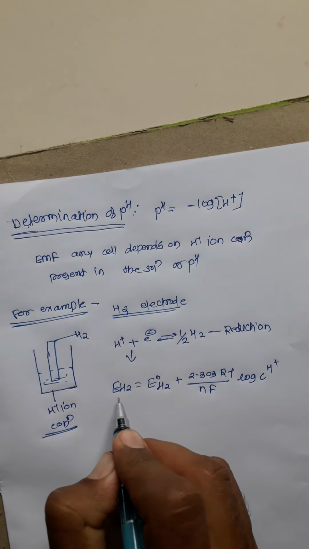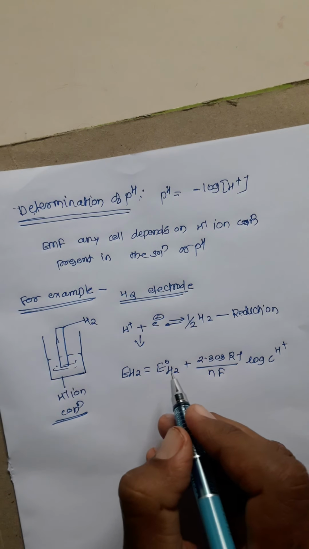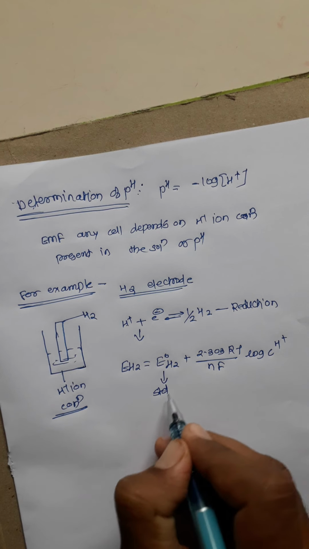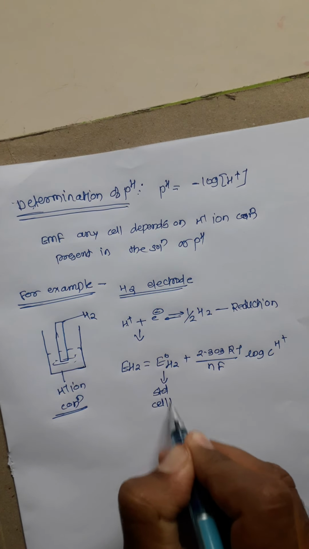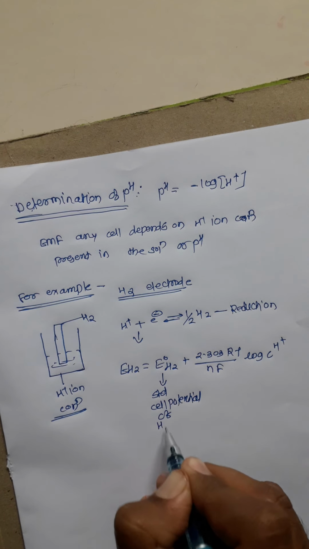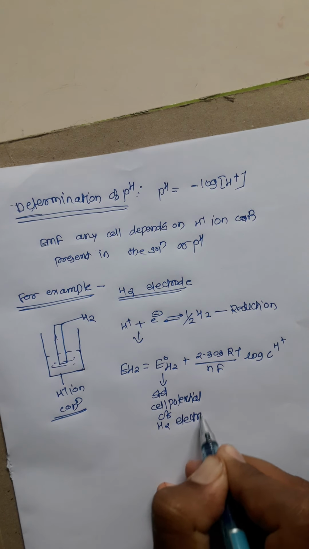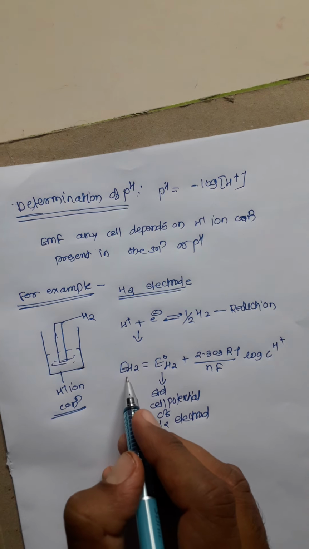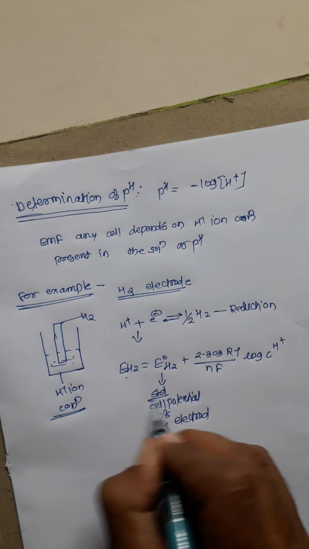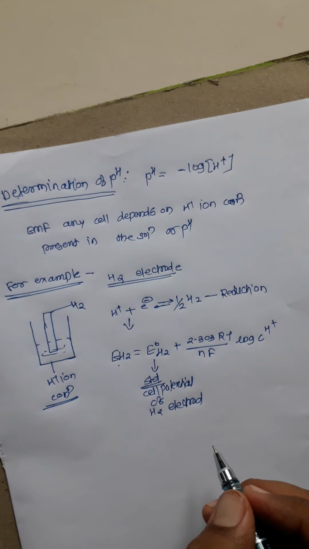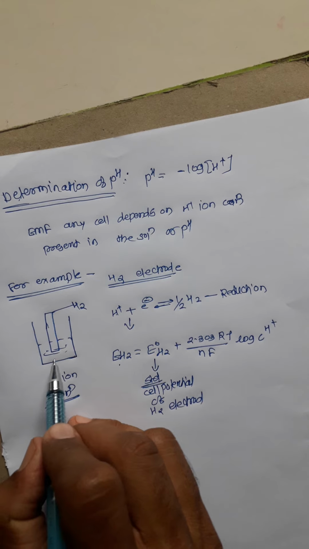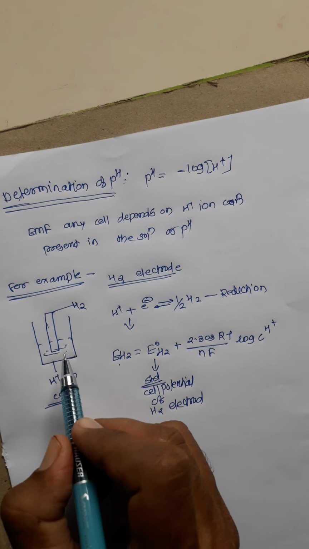Here E means the cell potential of the hydrogen electrode, and E0 H2 means the standard cell potential of the hydrogen electrode. The log term is the concentration of H plus ions present in the solution.